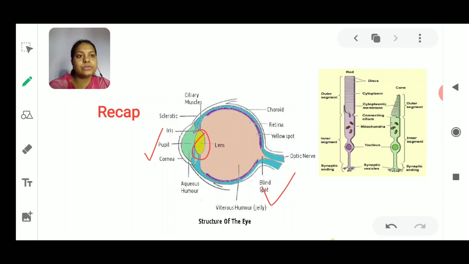Then the image is formed on the screen called the retina. It also has optic nerves, which transport the nerve signals from these organs to the body.